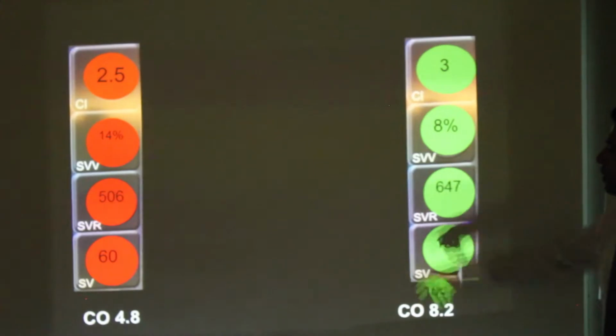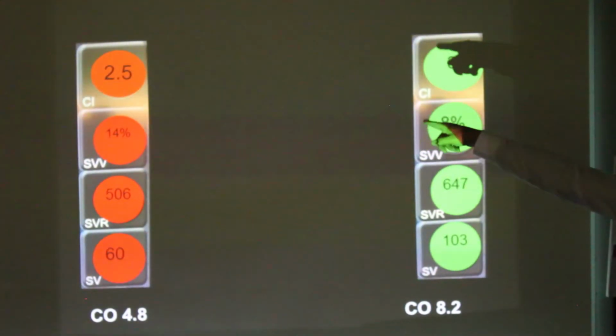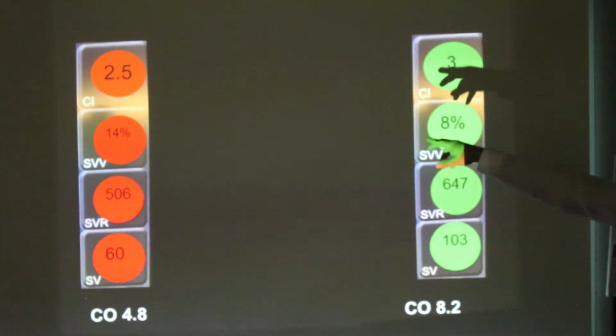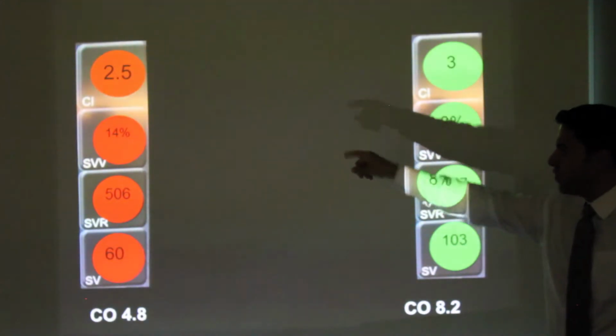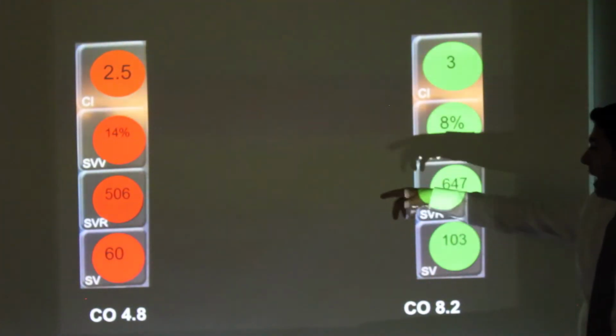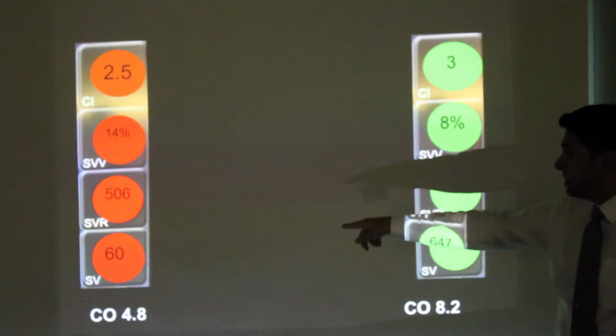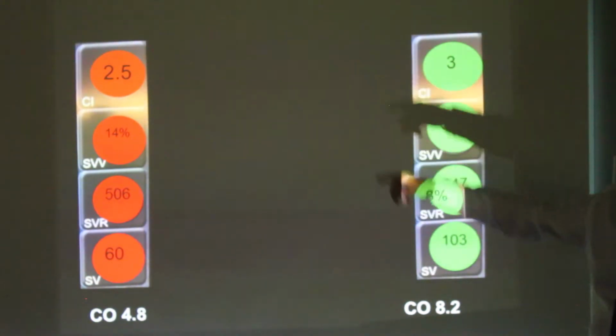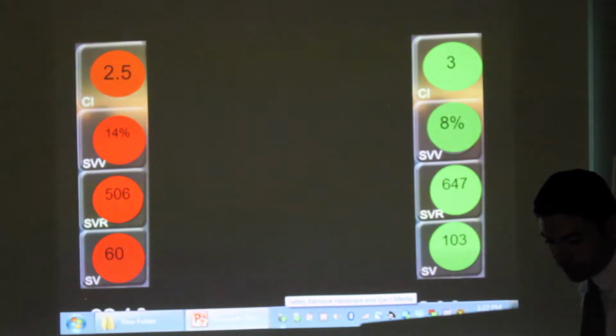So what we did, our patient on the right column, his stroke volume variation was 14% on pulse pressure variation of 16. His stroke volume was 60, cardiac index was 2.5.